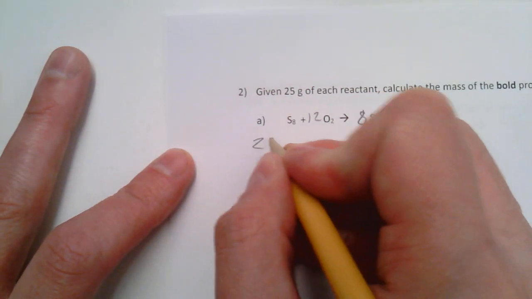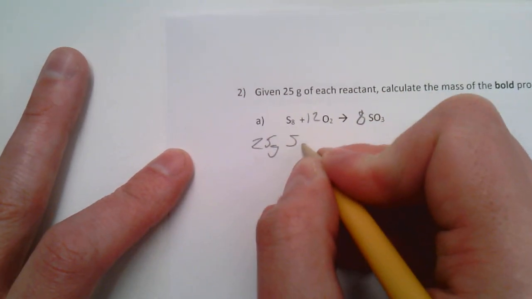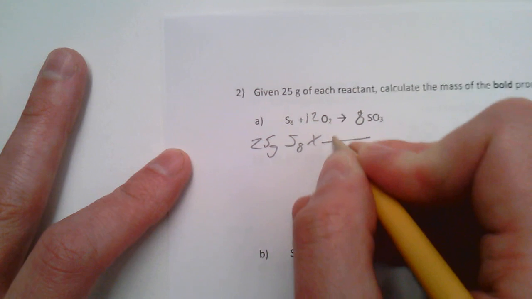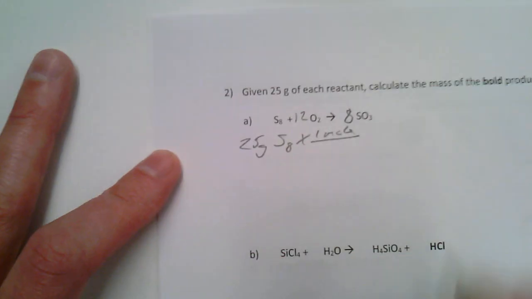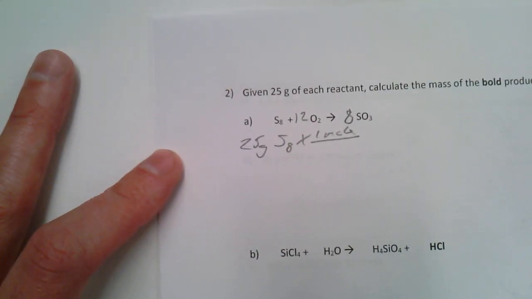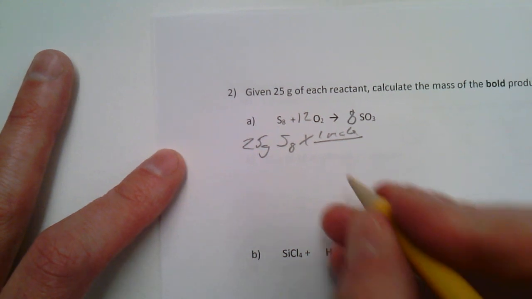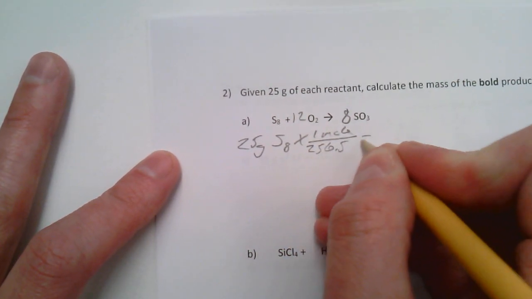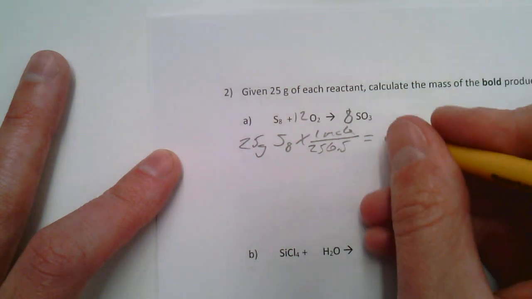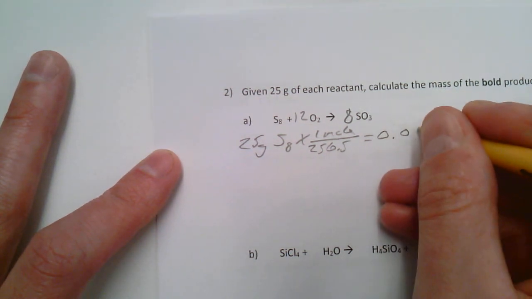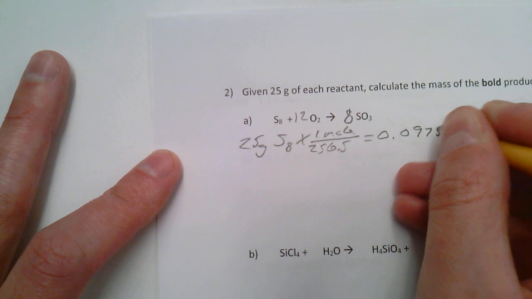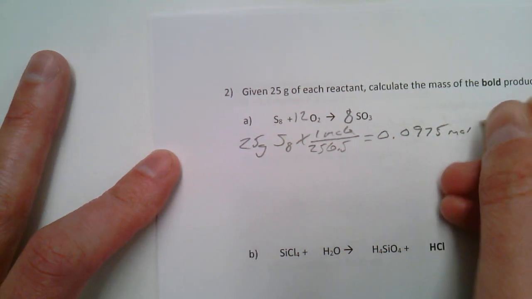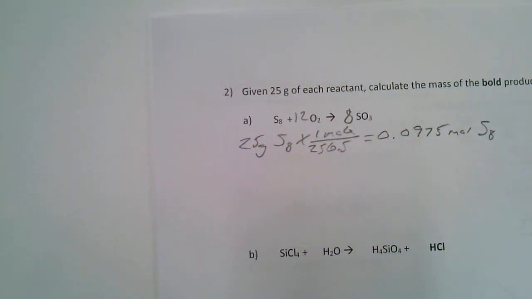We have 25 grams of S8, and we want to turn that to moles. Get on your periodic table. You'll see that S8 weighs 256.5. So you do that math, and you get 0.0975 moles of S8.